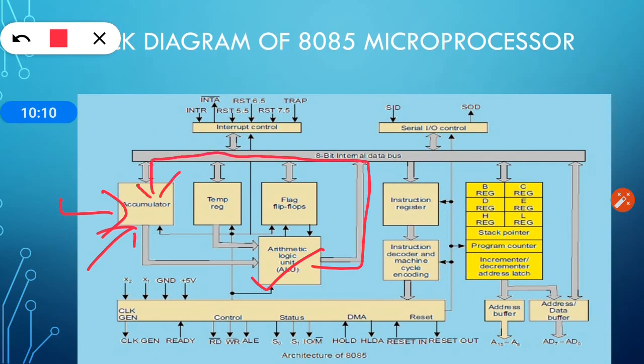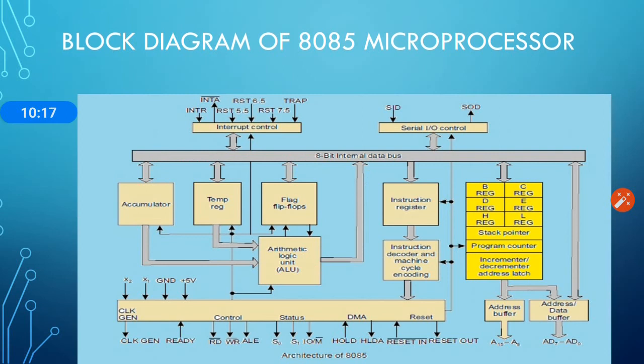So the accumulator also performs arithmetic and logical operations. This is one role of the accumulator. The second role of the accumulator is to perform load and store functions. Load and store functions mean loading data from the memory device or storing the accumulator's data to the memory. So this is the load store function.